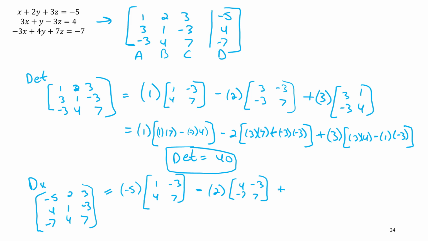Plus, if we look at column 3, we get rid of row 1, column 3. So we would get 4, negative 7, 1, 4.